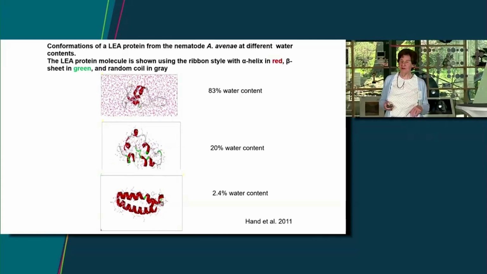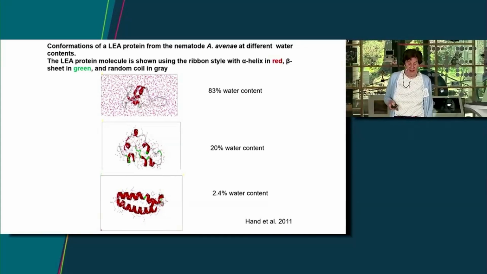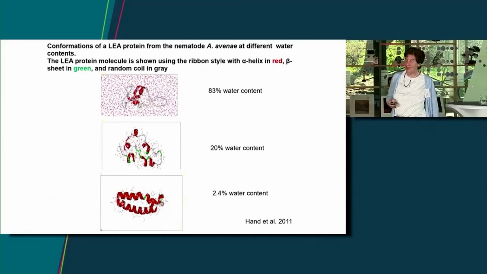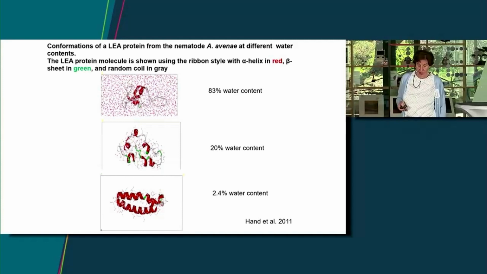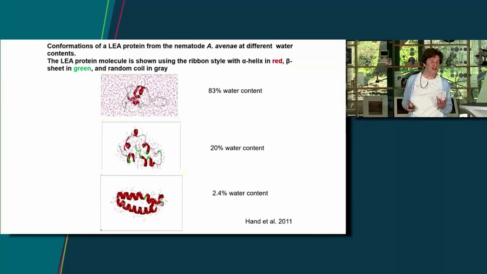If you go from top to bottom and to the right hand side, you see that the water content decreases, and indicated in red are the alpha helices, which are then assumed during the dehydration process. So I think this is also very interesting.